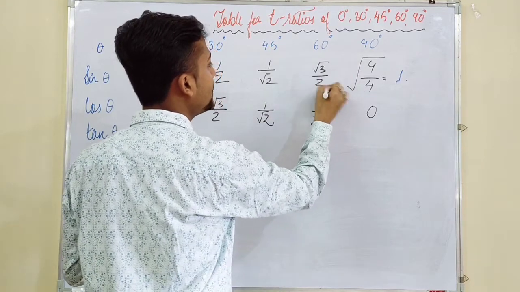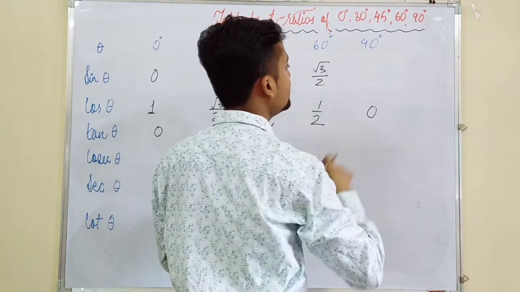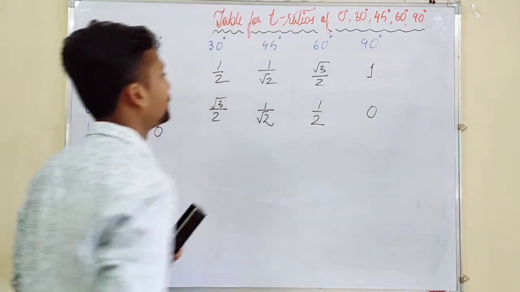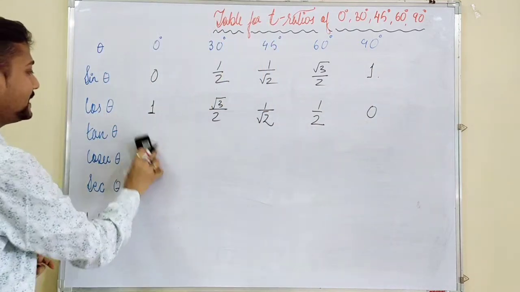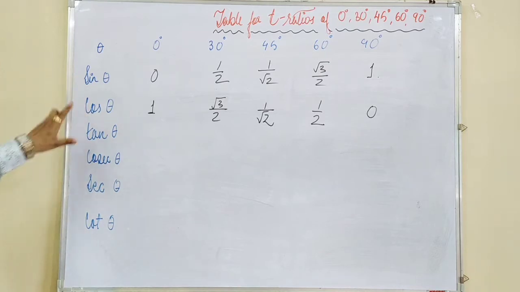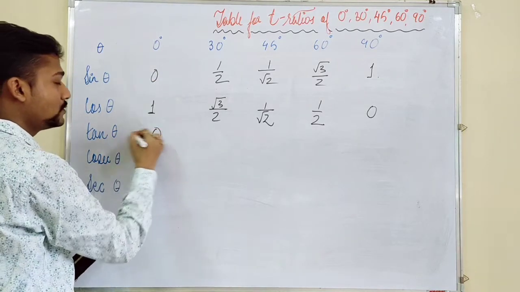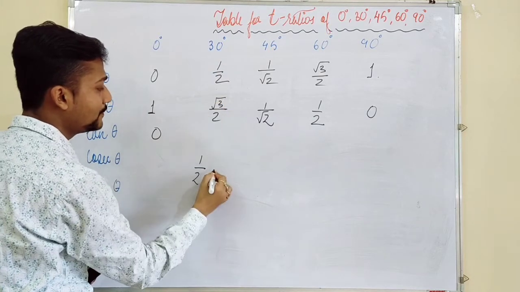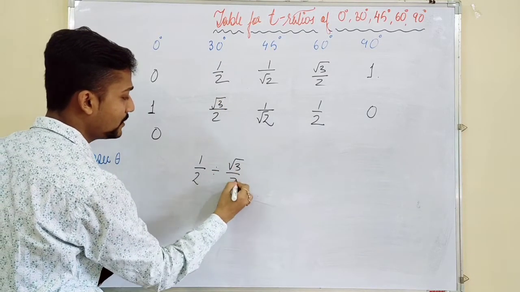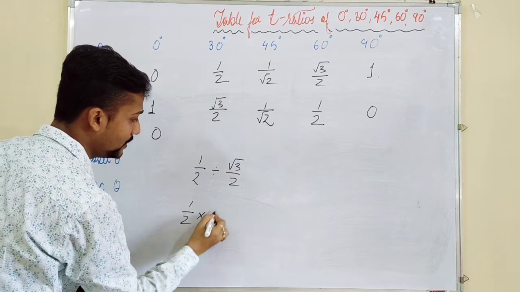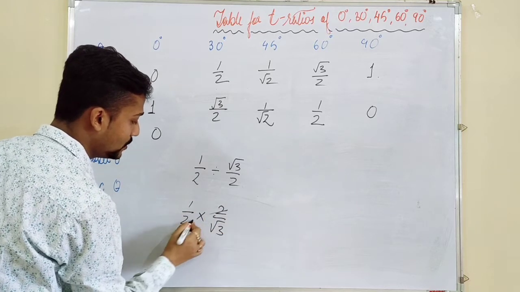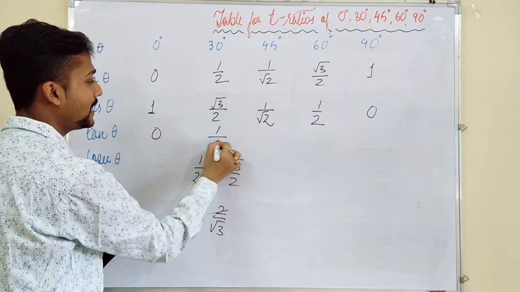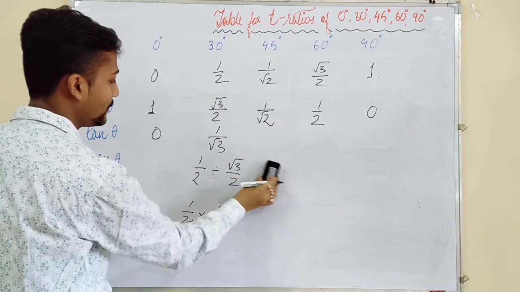Now tan theta is equal to sin theta by cos theta. That means 0 by 1 is equal to 0. 1 by 2 divided by root 3 by 2 is equal to 1 by 2 into 2 by root 3. 2 cancels, that means 1 by root 3.